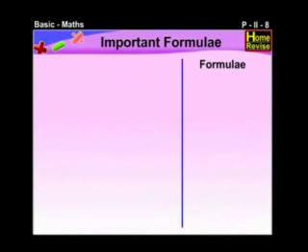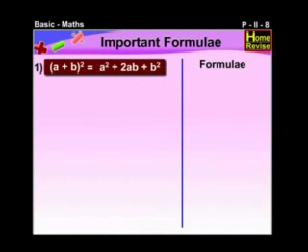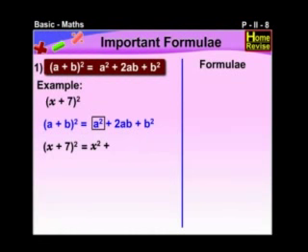Friends, in mathematics there are many important formulae to solve algebraic expressions. The first formula is (a plus b) whole square is equal to a square plus 2ab plus b square. Take one example. (x plus 7) whole square is equal to x square plus 2ab. In this example, a means x and b means 7.